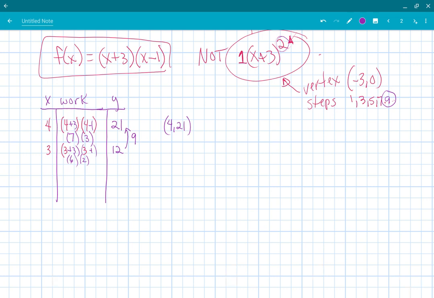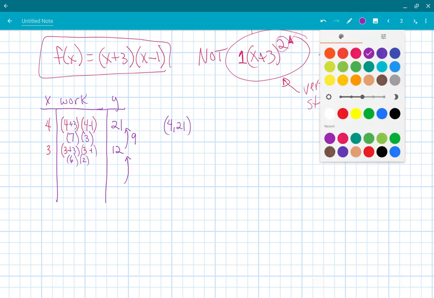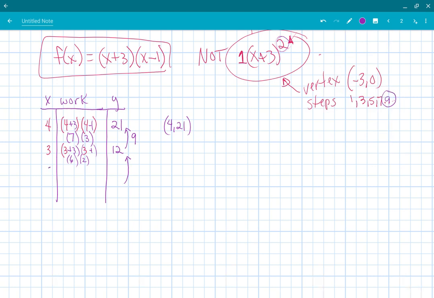All right. What do you think the next one's going to be? I don't know. Let's plug in 2, right? So we're replacing all of the x's with 2. Remember, we're doing an exploration. Later on, I'm going to show you how to not even do any of this math.